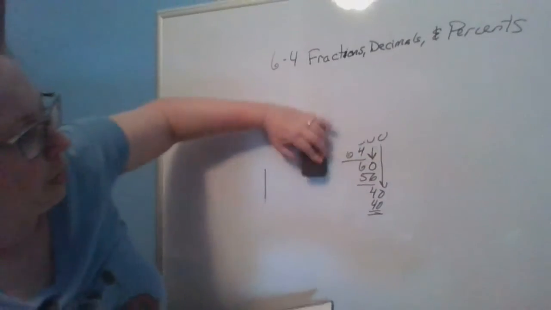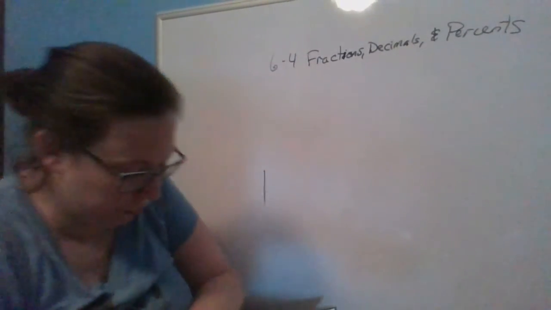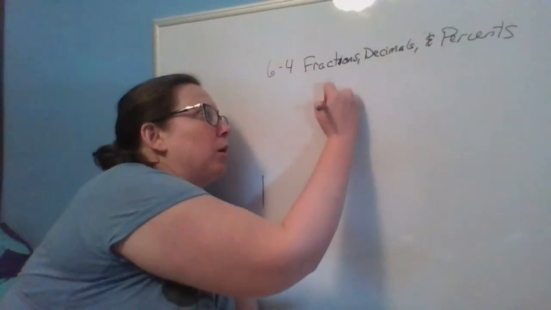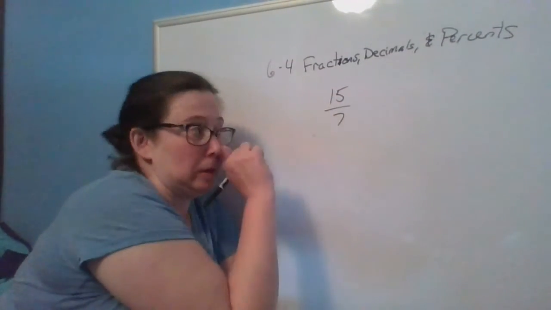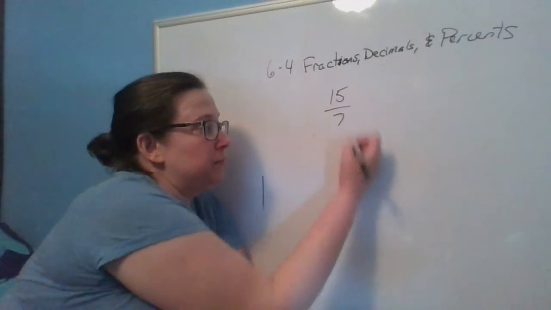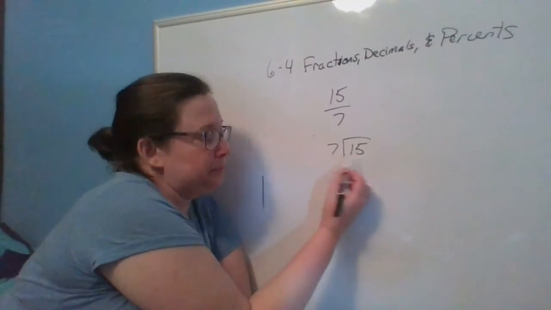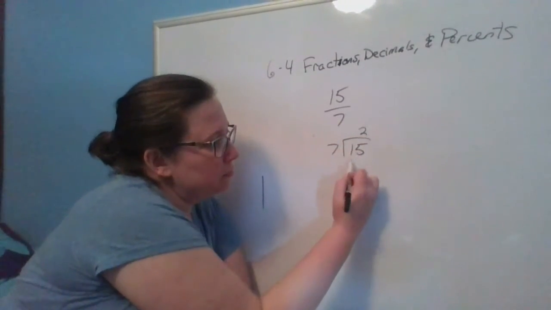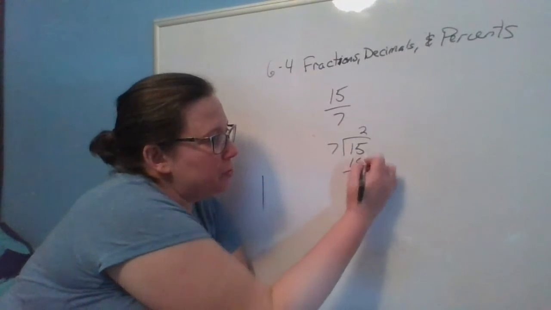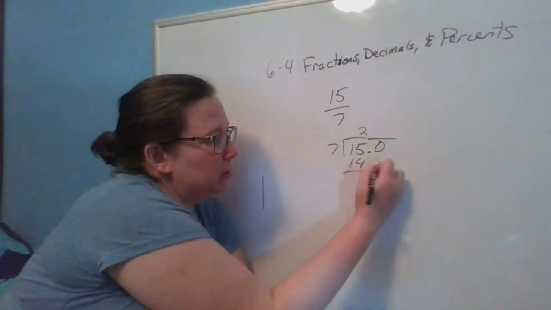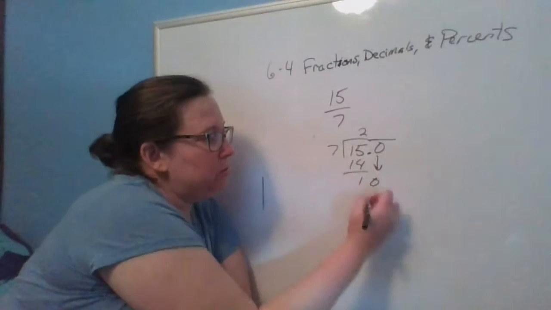You're going to do your numerator divided by your denominator, and then you are going to move that decimal to the right 2 places. So here we would do 15 divided by 7. We're going to need to add some zeros.